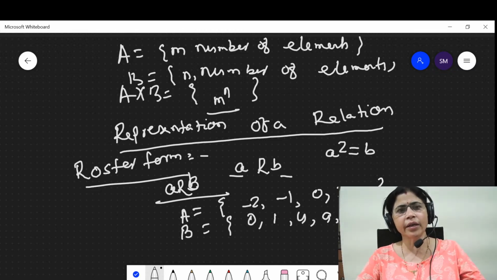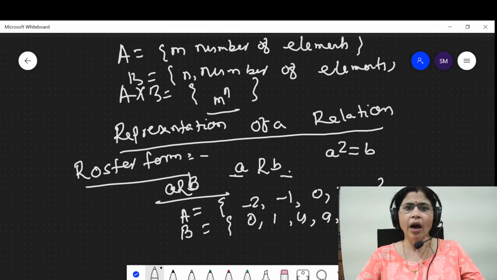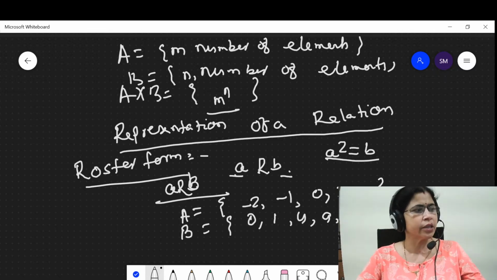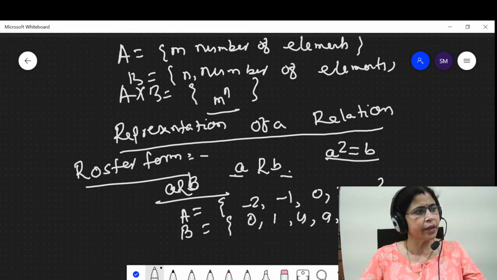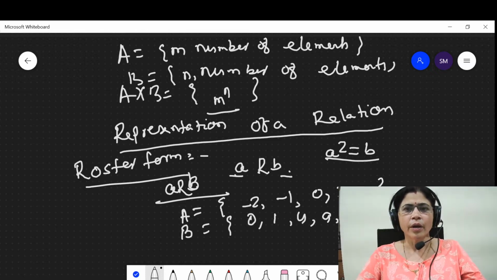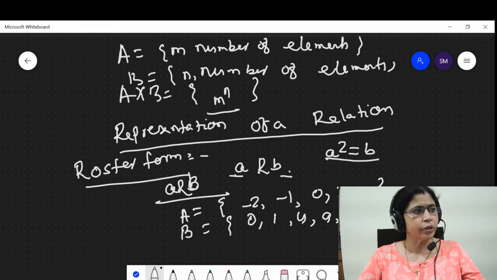In the roster form we write that there is a relation R from A to B such that a square is equal to b.